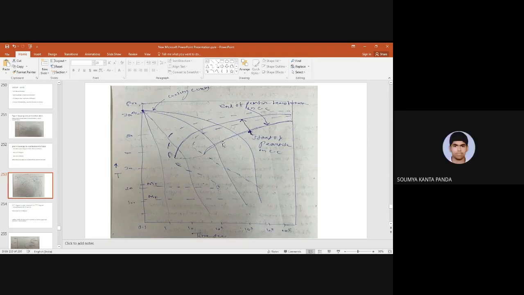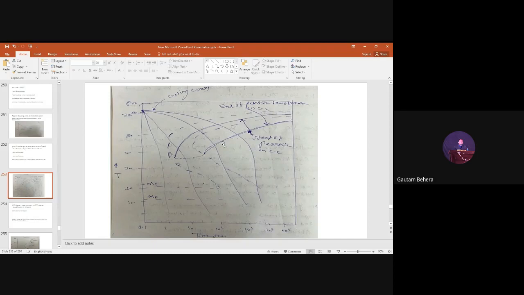But how does the salt bath make very rapid cooling possible compared with the atmosphere? My point is, see, a salt bath is a bath which will maintain a constant temperature throughout the time. That is the role of the salt bath.